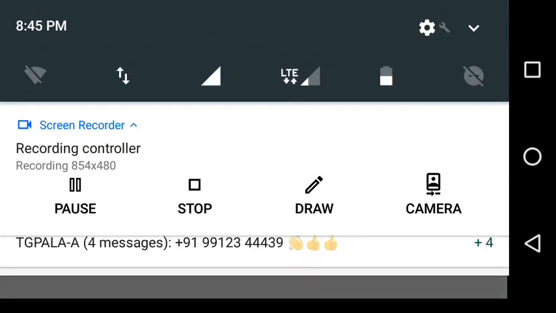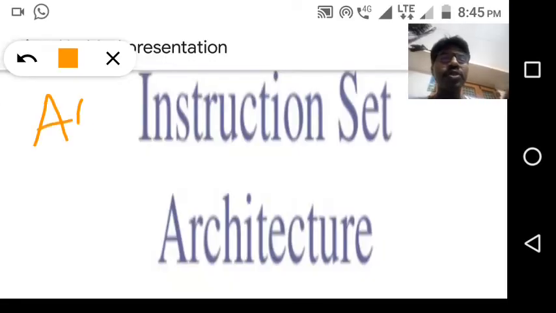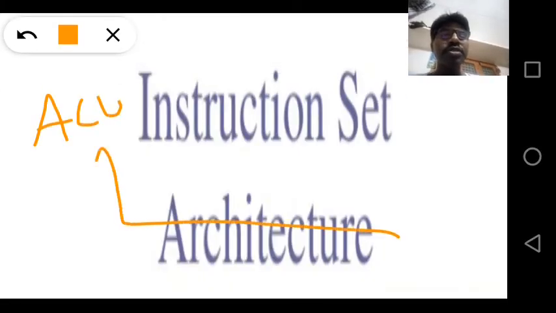This is called decoding. Now the ALU receives 0 0 from the control unit, so it understands that it has to perform an addition operation.